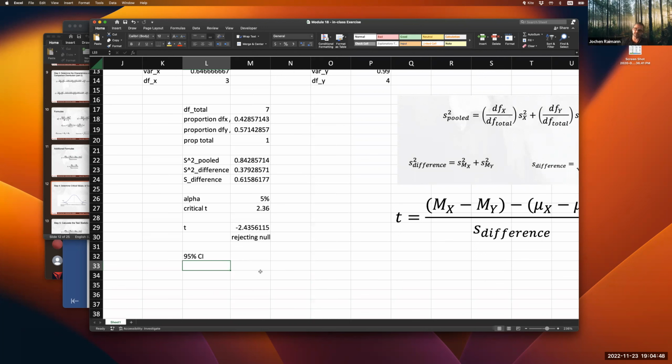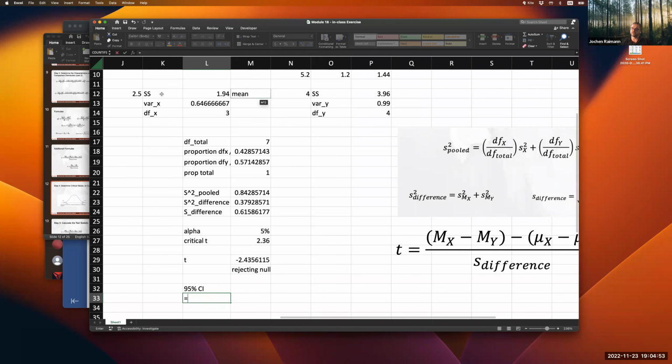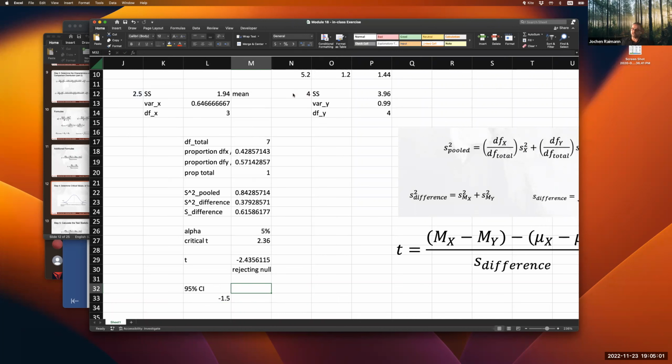So if we have a difference between the mean of x and the mean of y of -1.5, we essentially need to establish now our 95% confidence interval around this difference. So this would be the mean minus our critical t, which indicates a 5% alpha, multiplied by our standard deviation of those differences.